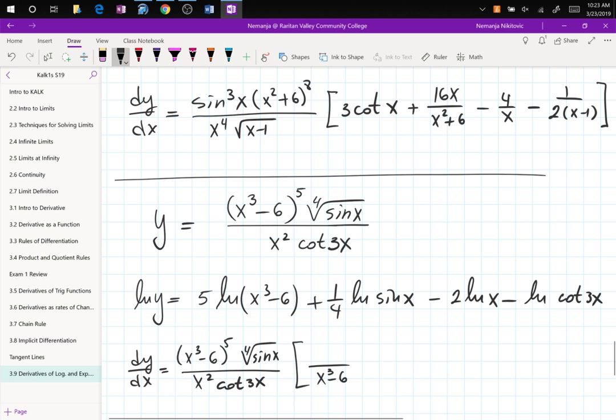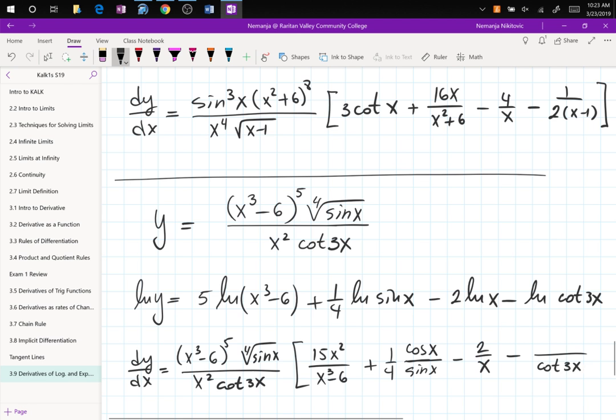The derivative of that is 3x squared times 5, 15x squared, plus 1/4 copy sine x in the denominator, its derivative cosine x on top, minus 2 over x, because the derivative of ln x is 1 over x, and then minus copy cotangent 3x in the denominator.